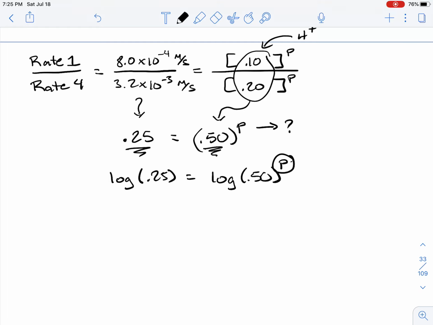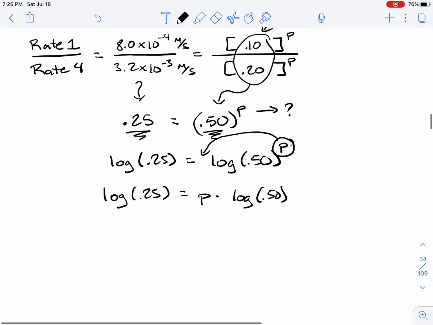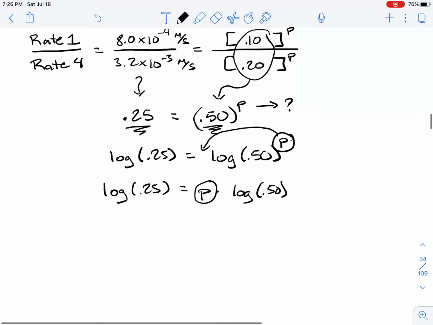Taking the log of both sides allows us to move this p to the very front. And so this is going to be log of 0.25 equals p times the log of 0.50. And so I'm going to solve for p by dividing both sides by log of 0.50.